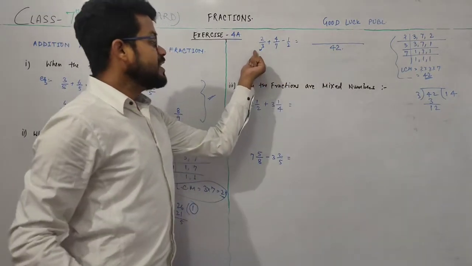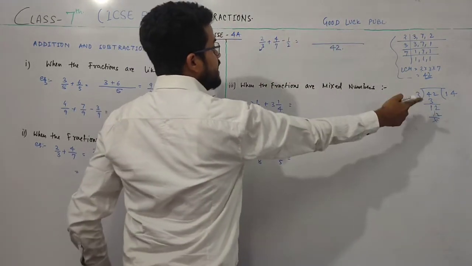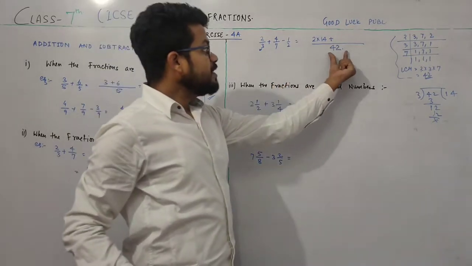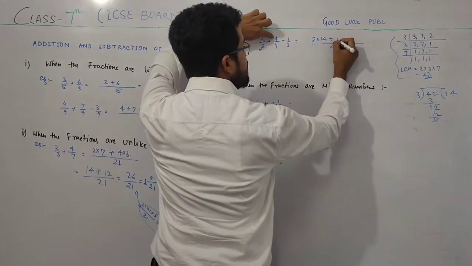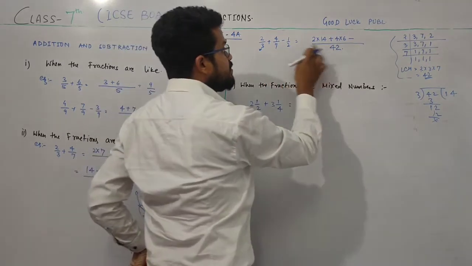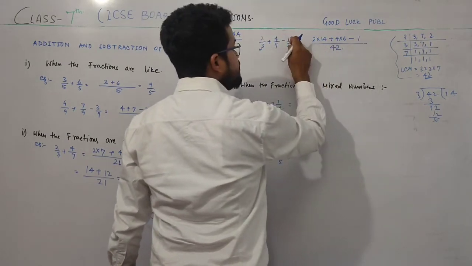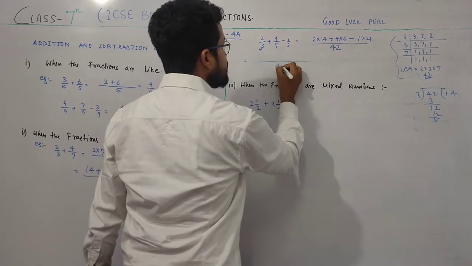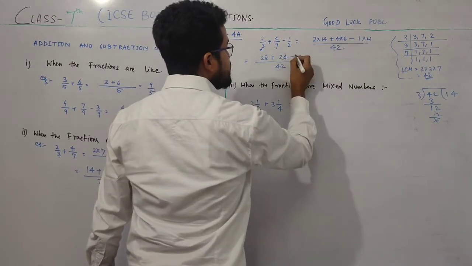When I divide 42 by 3, I get 14 as a quotient, so I multiply this 14 with 2, so 2 into 14 plus, now divide 42 by 7, I get 6, so I multiply this 6 with 4, 4 into 6 minus, now I divide 42 by 2, which is 21, so I multiply this 21 with 1, so I write here 1 into 21.